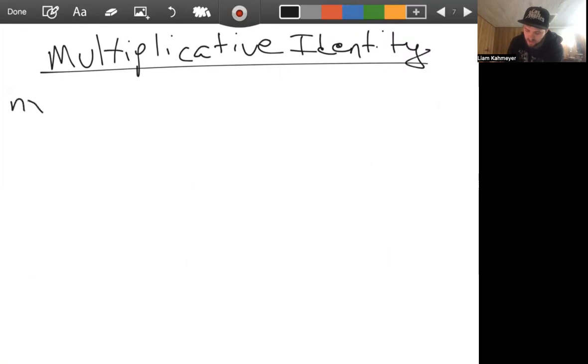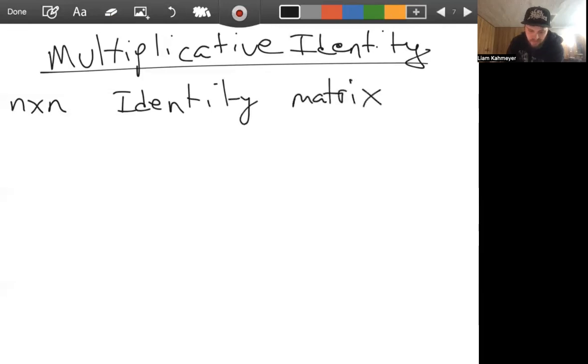So let's look at the n by n identity matrix. This is I sub n, and that's how we'll denote the identity: ones along the diagonal and zeros everywhere else.